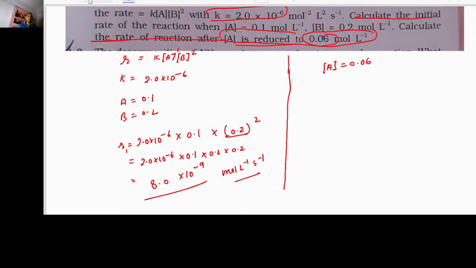How to get the concentration of B, student? This is the final concentration of A. So how much is the utilized concentration of A? Utilized concentration means what, student? Initial minus final.